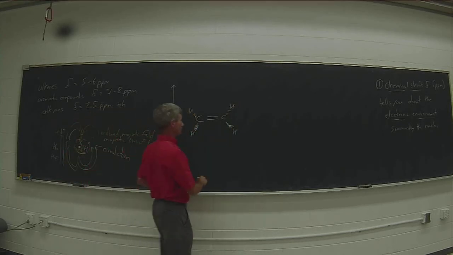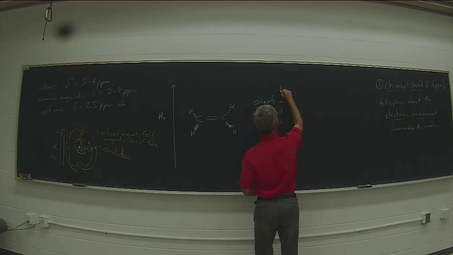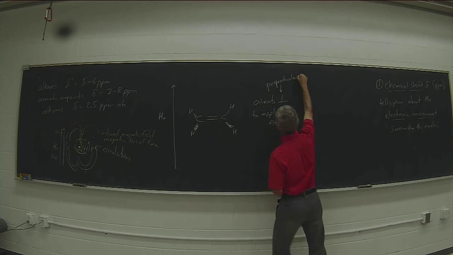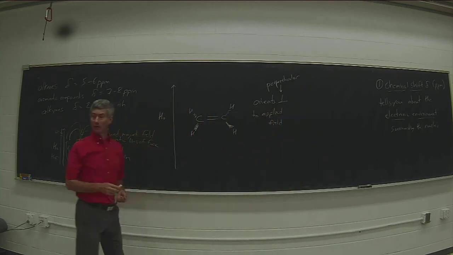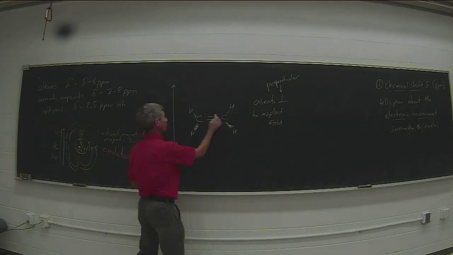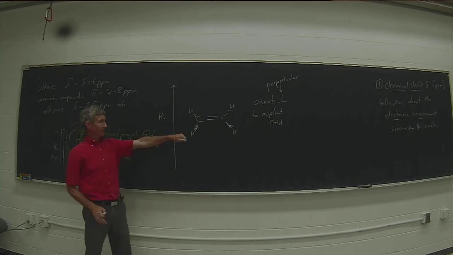The orientation of the carbon-carbon pi bond is perpendicular to the applied field. This upside down T is the mathematical symbol for perpendicular. So we've got that molecule lined up perpendicular so that only these two carbons are in the plane of the board. We've got two hydrogens out, two hydrogens back. It's lined up like this, flat.